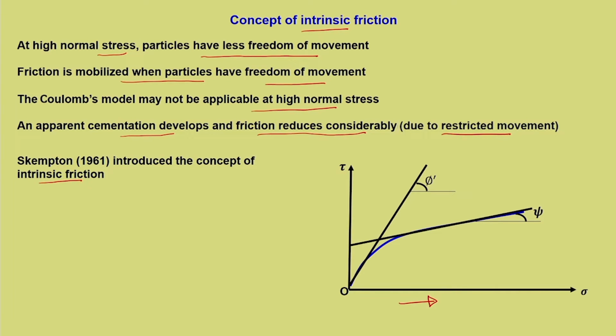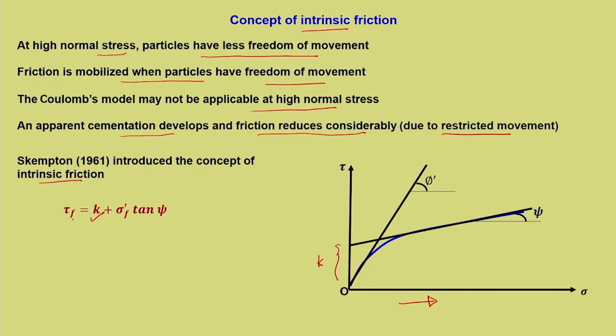At a high normal stress, there is some deviation in its behavior and there is a kind of apparent cohesion. We cannot call it a real cohesion, but a kind of apparent cementation, which is represented by the term K. The angle is psi, which is considerably less than phi dash.